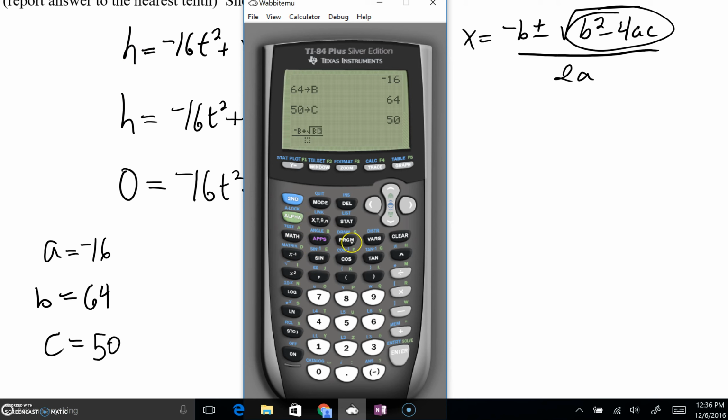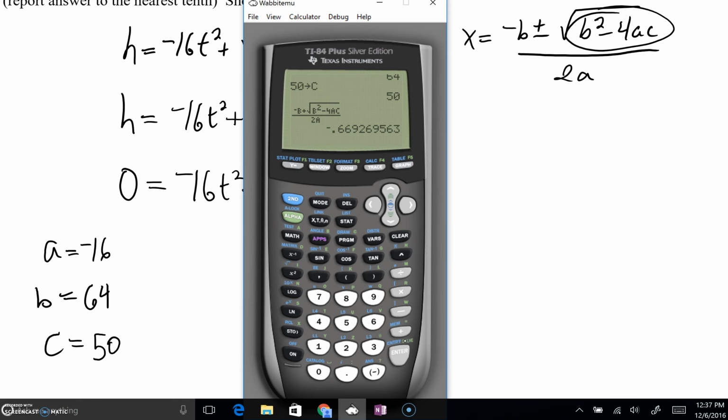I'll say alpha b squared minus 4 alpha a alpha c. Bring this down here to get 2 alpha a. And in all honesty, that's one of the solutions to this problem. You hit enter and you get something very strange.